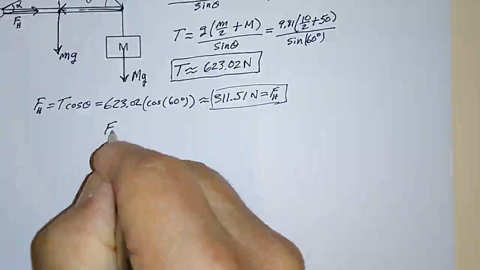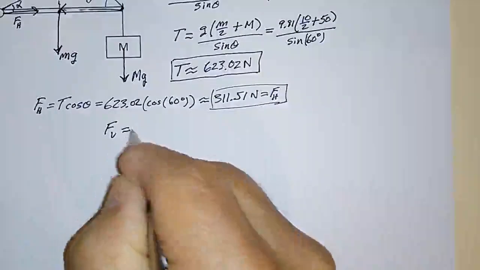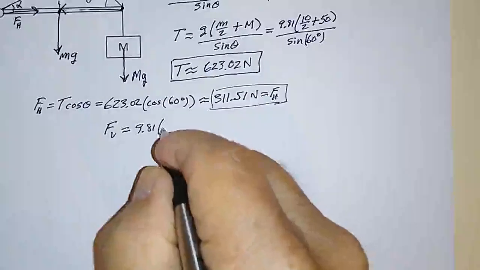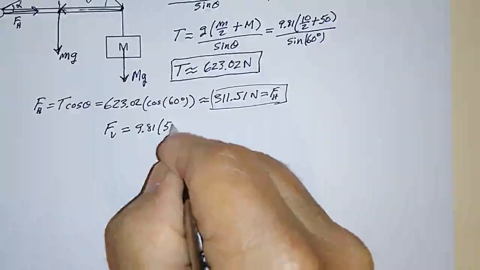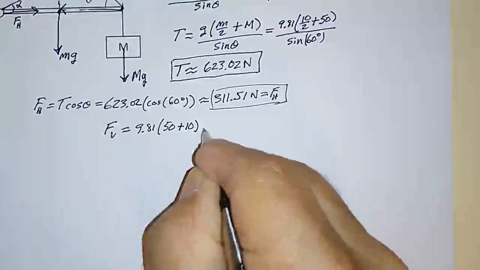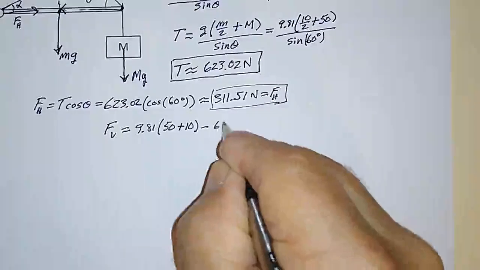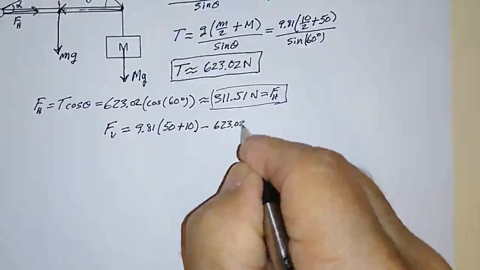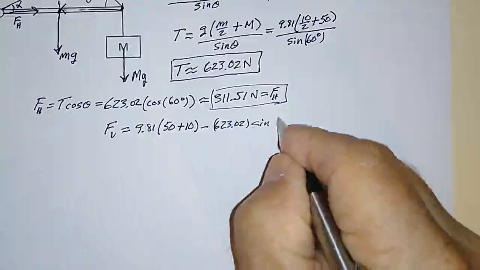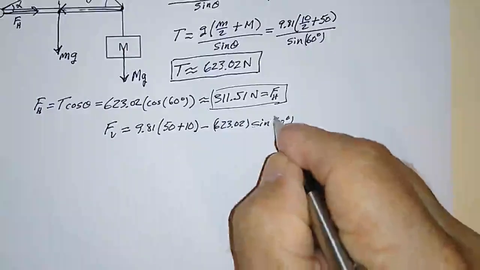So FV is equal to g, which is 9.81, times big M, which is 50, plus little m, which is 10, minus T, which is 623.02, times the sine of 60 degrees.